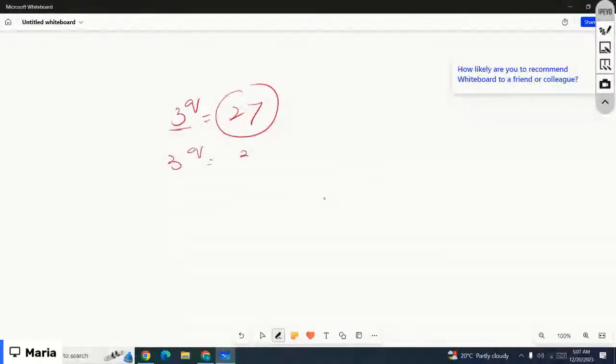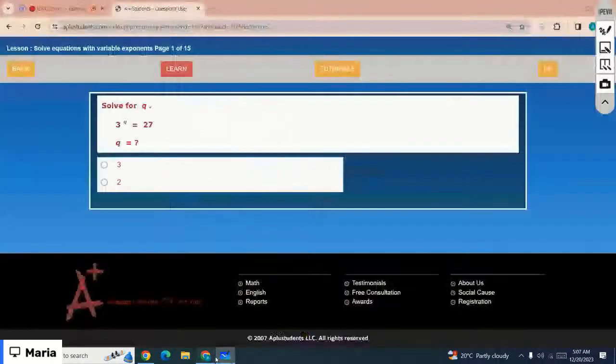So 3 times 3 equals 9, and 9 times 3 is 27, right? That would be 3 exponent Q equals 3 exponent 3, right? So their bases are equal, that means their exponent is also equal. That would be Q equals 3. The correct option is Q equals 3.